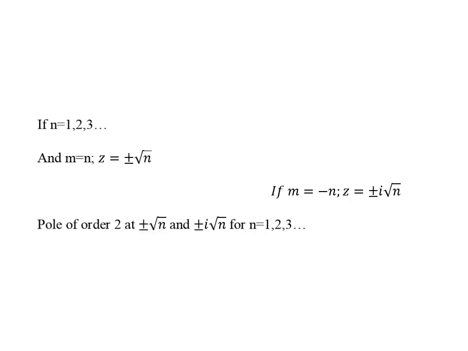But in the question, n is given as 1, 2, 3. So if m is equal to n, z is equal to plus or minus root n. But there is also another possibility that m is equal to minus n. So z is equal to plus or minus i root n. Pole of order 2 at plus or minus root n and plus or minus i root n for n equal to 1, 2, 3, etc.